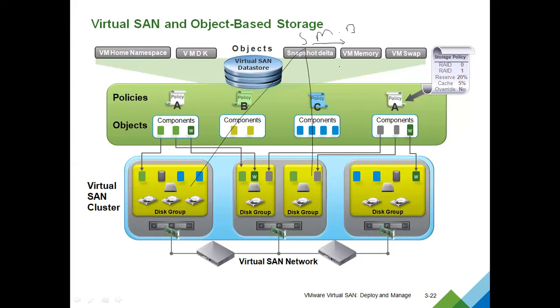It could be a RAID 0 policy, which will always create 1 copy. It could be RAID 5, so my data will be written like this: 2 data and maybe 1 parity. It all depends upon the storage policy we have configured. The object is further divided into components, and these components are stored on different ESXi hosts on the underlying physical capacity drives we are using. Correct?